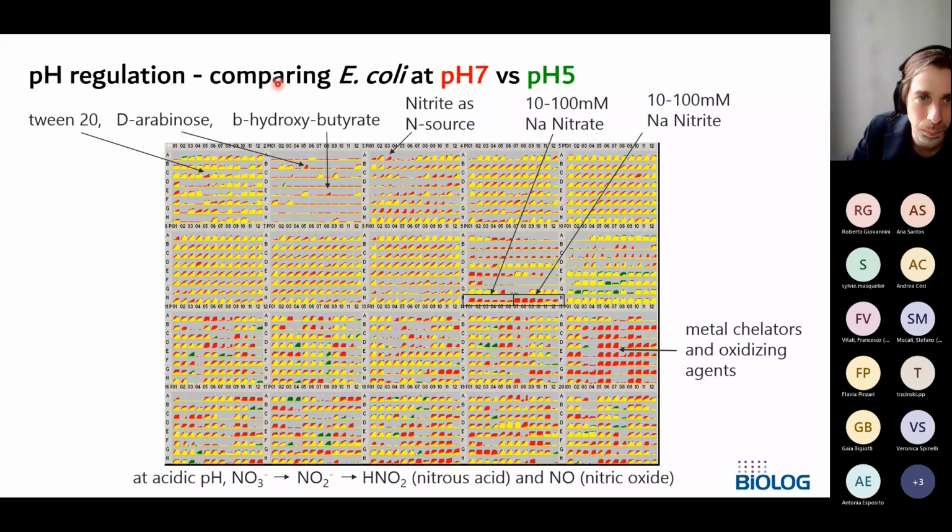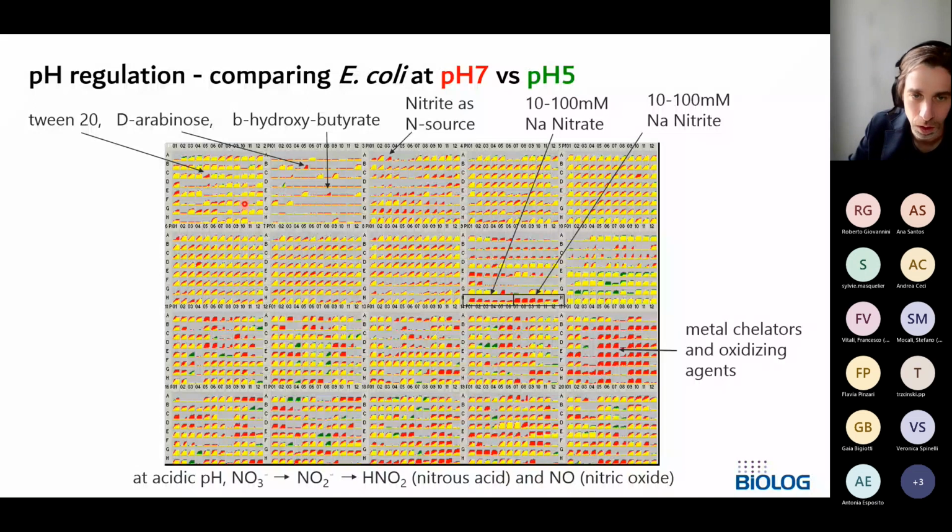You can, for example, compare the very same strain grown in two different physiological conditions. So E. coli here, grown at pH 7, which you will see in red, versus E. coli grown at pH 5. So a big difference of 2 pH would cause a metabolic shift, and those were expected.